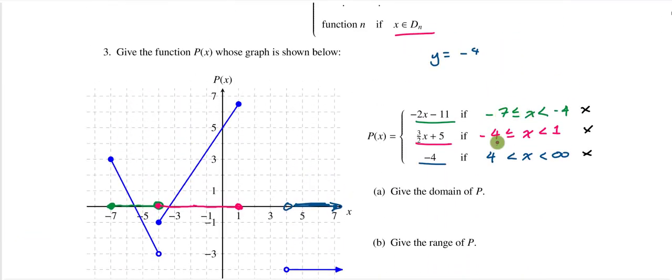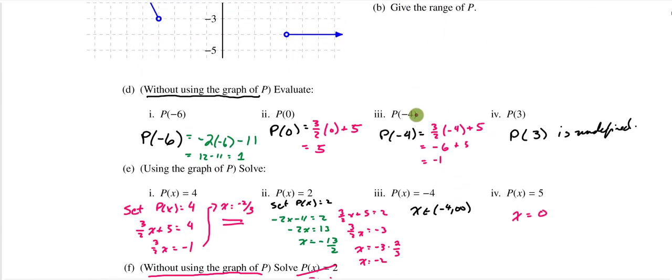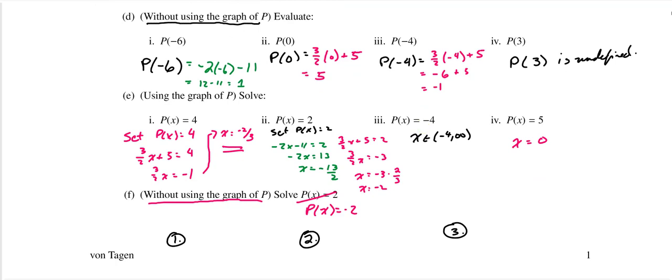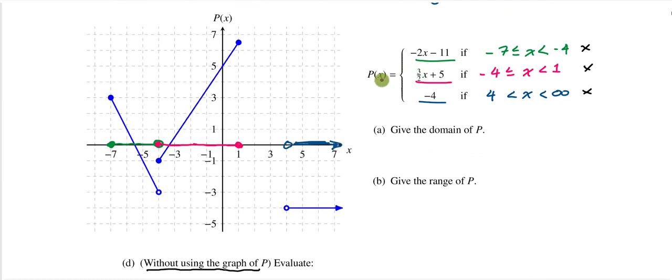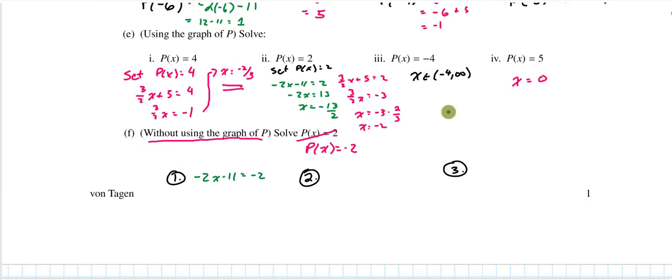The first piece of this piecewise function was -2x minus 11. So I'm going to set -2x minus 11 equal to -2. And then the second piece of this piecewise function was this line right here, 3/2 x plus 5, and so I'm going to set the 3/2 x plus 5 equal to -2.